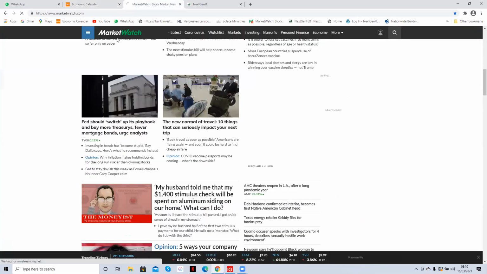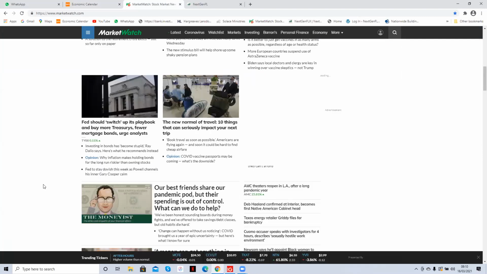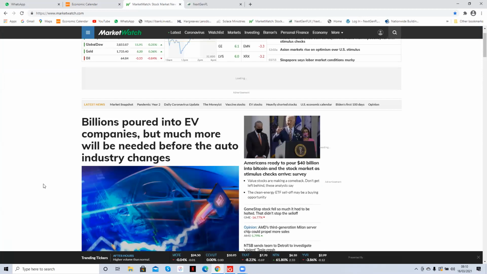Okay, so again, also keeping an eye on our market watch to see if there's anything causing uncertainty in the global markets. There's not really much going on. The US $1.9 trillion stimulus package has been passed, so that's come and gone. Vaccination is going on worldwide.